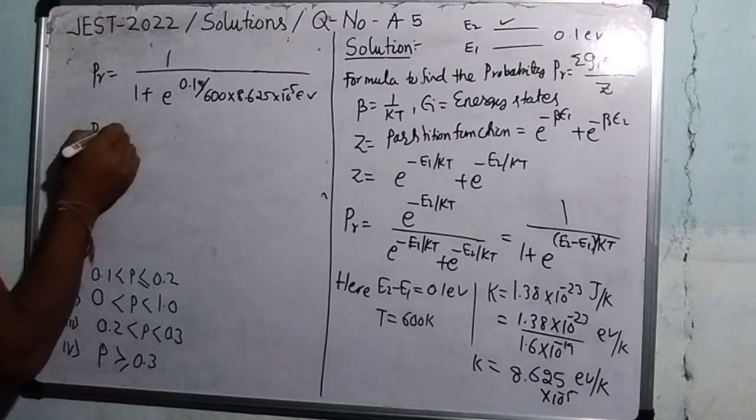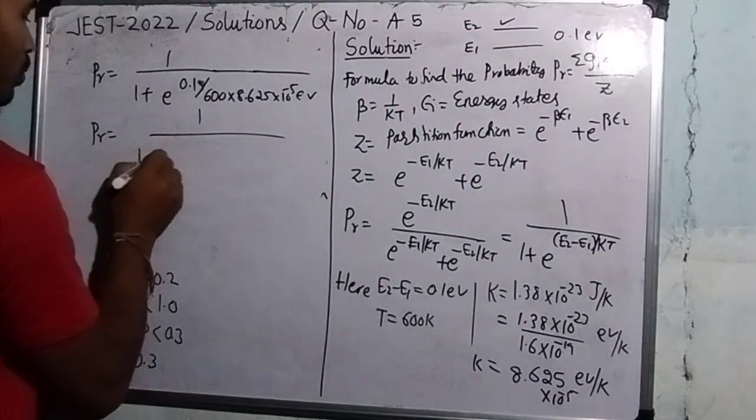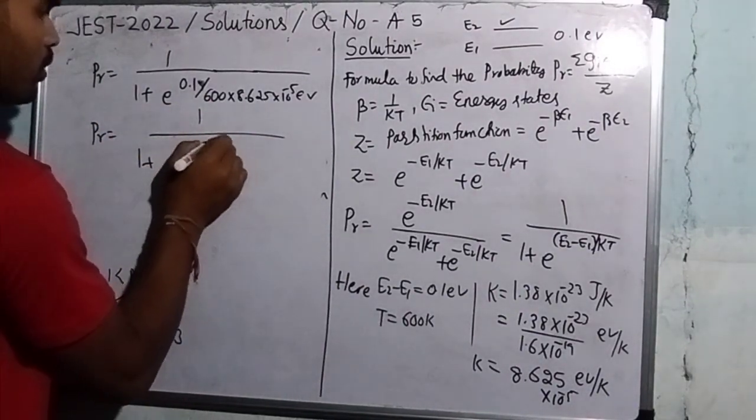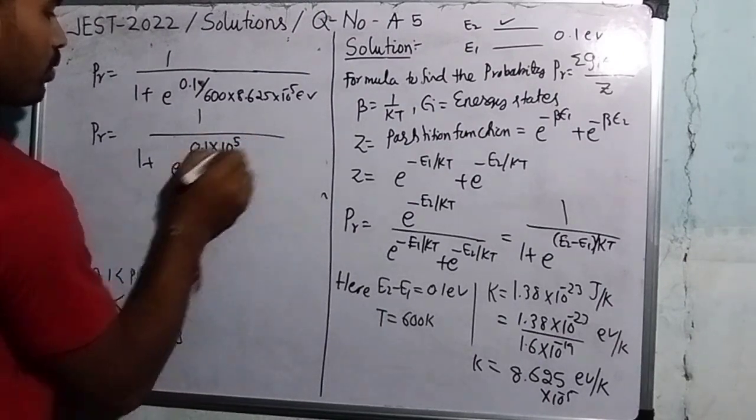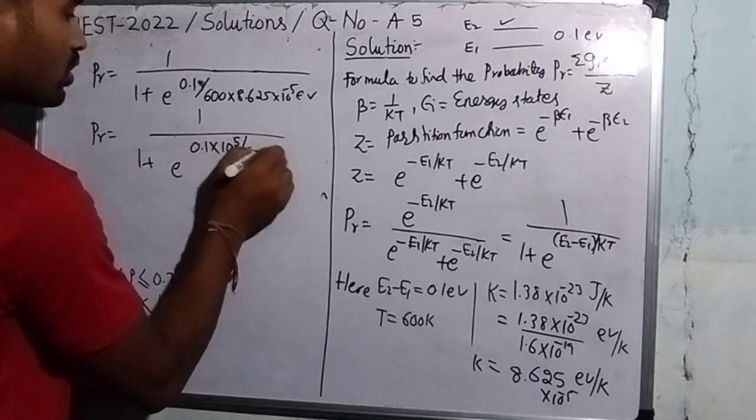So the probability would be 1 by 1 plus e to the power 0.1 into 10 to the power 5 divided by 600 into 8.625.